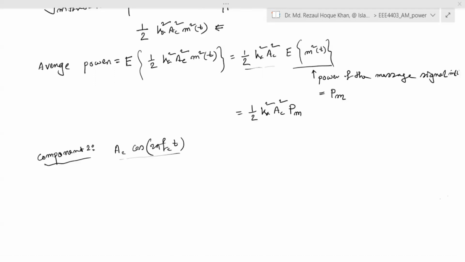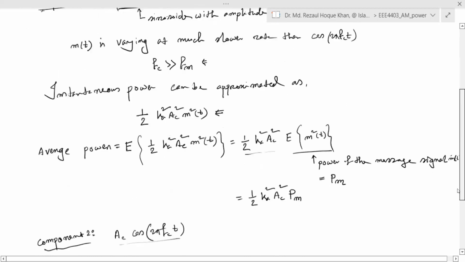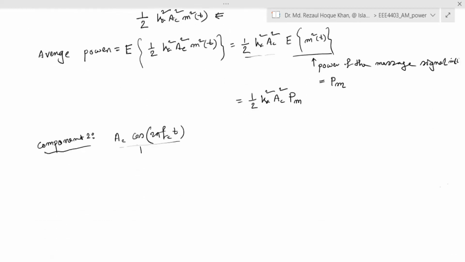This component is nothing but a pure signal. So if this is the case, we already know what the power is. The power is nothing but half A_c squared, right?